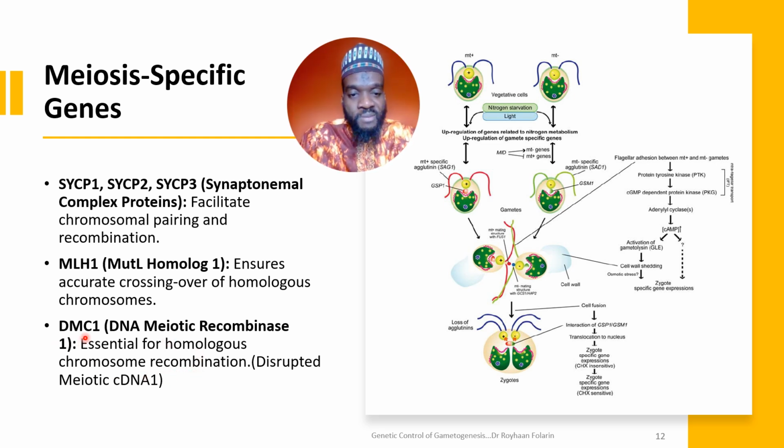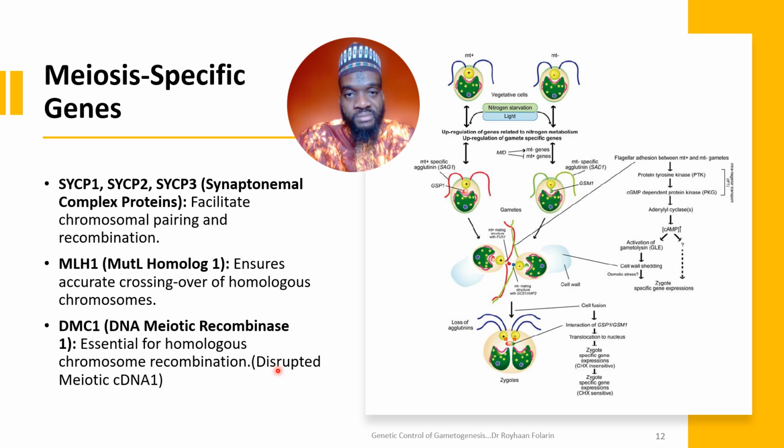However, this acronym was created because the original name was disrupted meiotic cDNA1. That was the original name assigned to DMC1 when it was first identified in yeast due to its role in meiotic recombination.